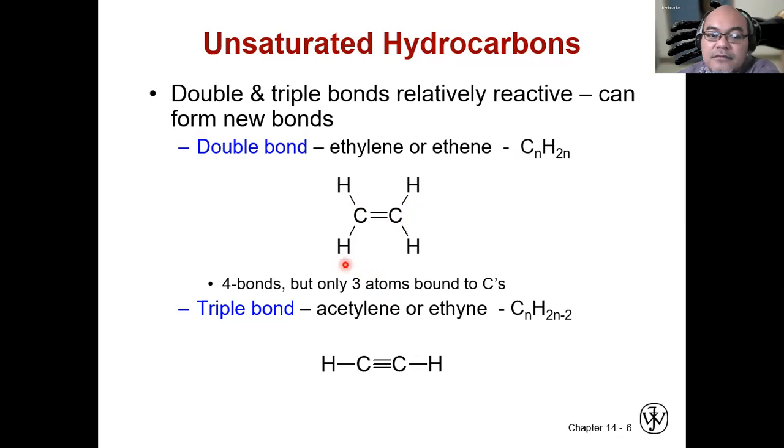Then we have triple bond molecules, for example acetylene or ethyne, with the formula of CnH2n-2. Between the two main carbon atoms, they form 3 bonds. So they only bind to one single hydrogen atom each.